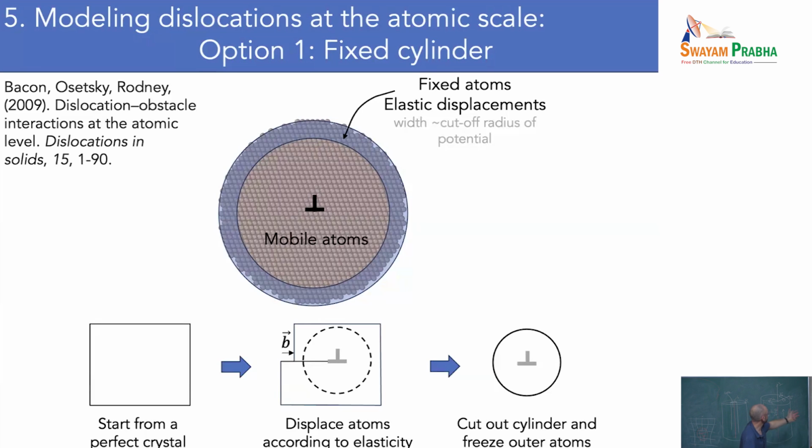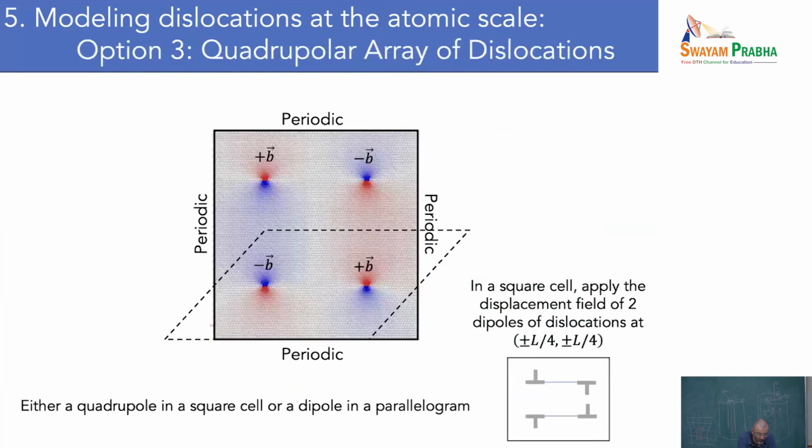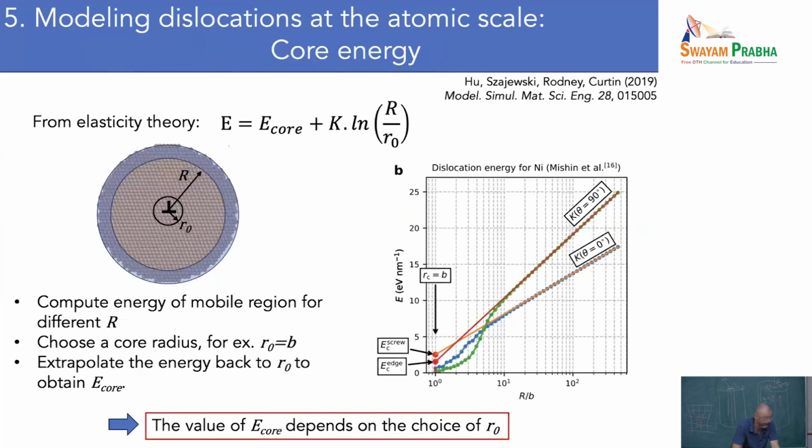If you want some references about how to create a simulation and so on, some years back with Yuri Osetsky and David Bacon, we wrote a chapter in Dislocations in Solids where we give all the gory details about these simulation cells. Anyway, more recently, 6 years ago already, with Bill Curtin, we applied this method.